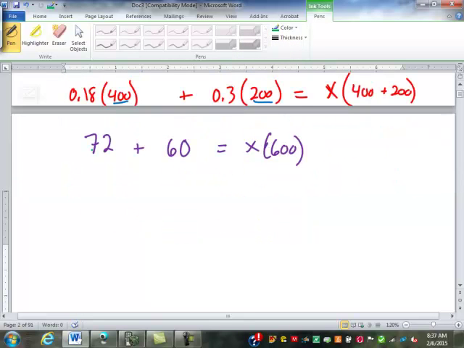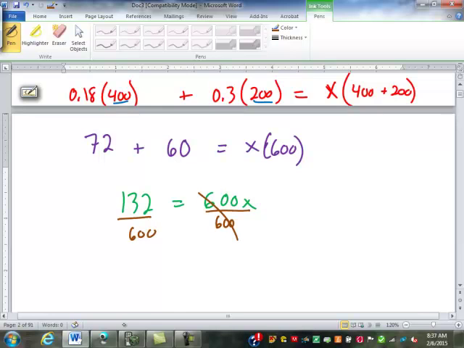And we can combine here. 72 and 60 make 132. That is 600x, and we're solving for x. 600 multiplies the x, so to get rid of it, we divide by 600. Which is going to give us 0.22 equals x. Changing that to a percent is 22%.